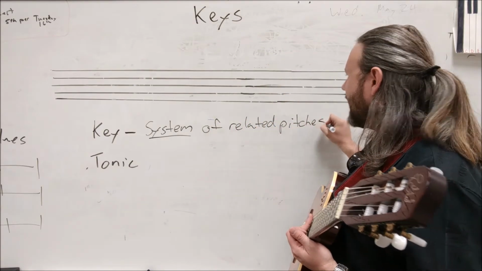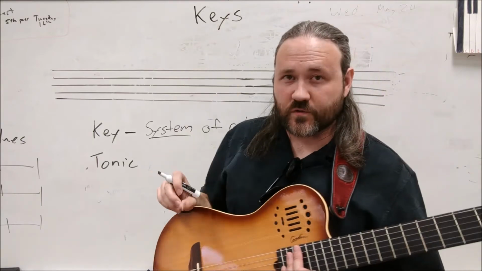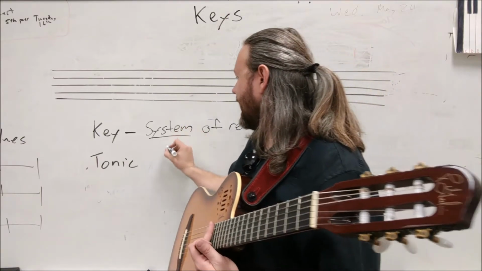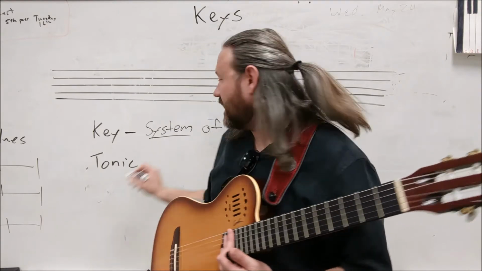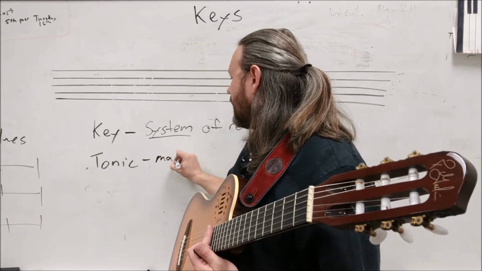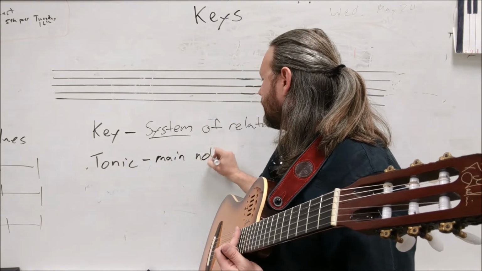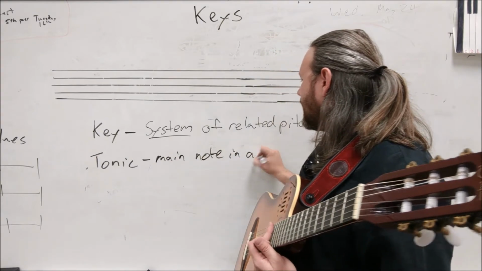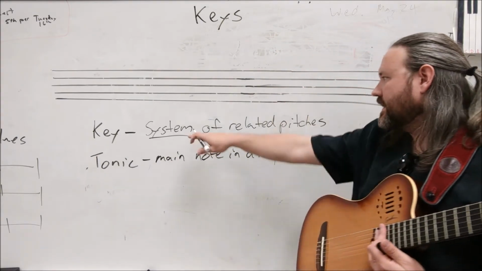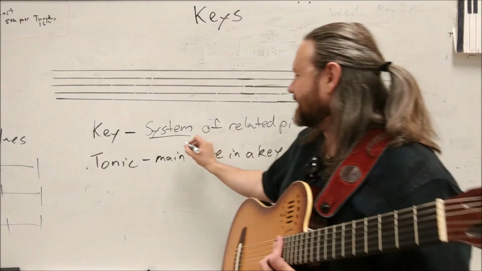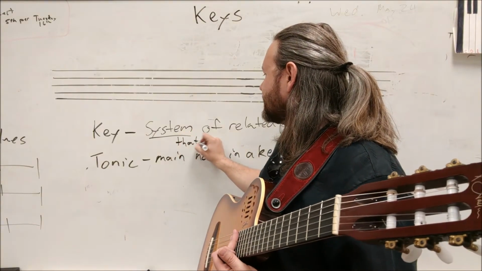And every key, in order for it to be a key and truly in the tonal system, has to have a tonic. And the tonic is the main note in a key. So, a system of related pitches, and I like to say that establishes a tonic.